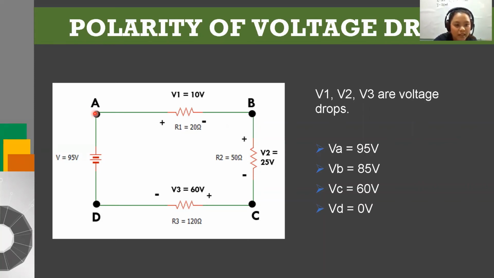So here, the voltage is 95, and as the current passes through here, the voltage at point B is now 85, and as it passes through this load, the voltage at point C would be 60, and the voltage in D is 0.